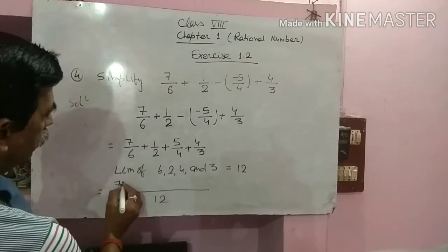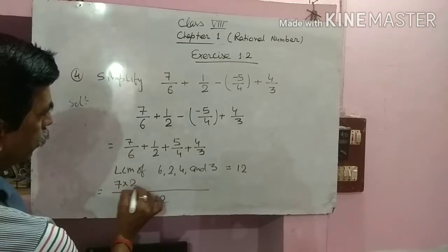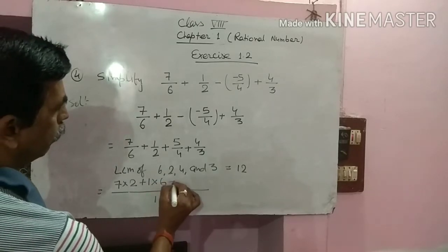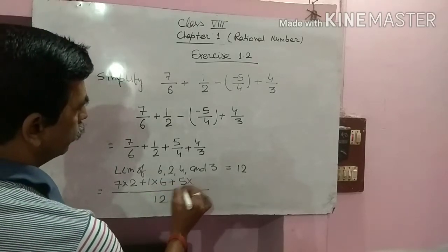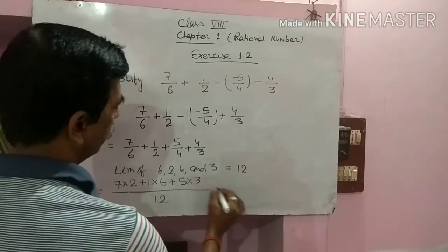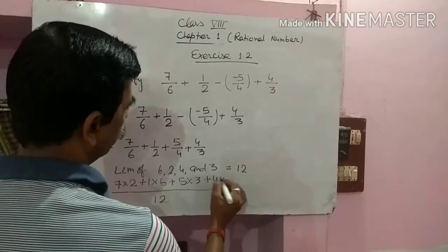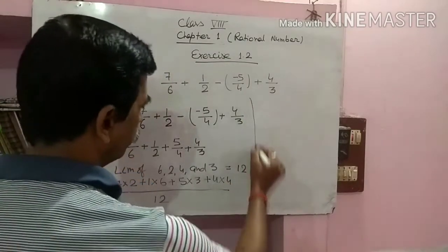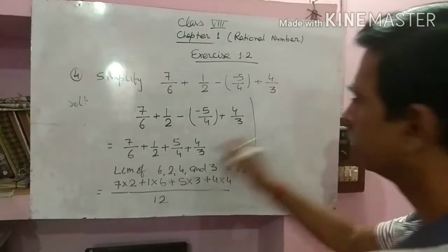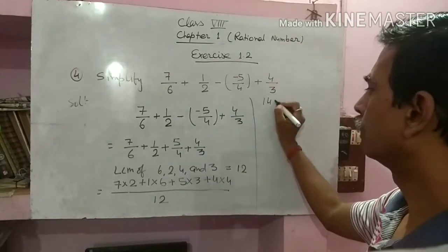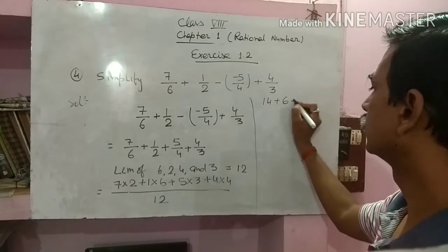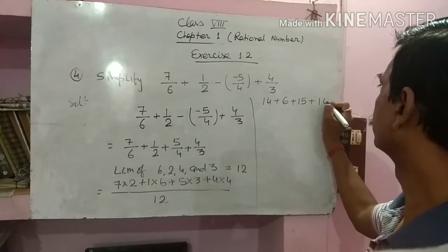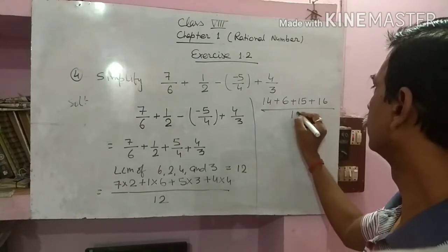Then 7 into 2 (6 2s are 12), plus 1 into 6 (2 6s are 12), plus 5 into 3 (4 3s are 12), plus 4 into 4 (3 4s are 12). Then look here, what you'll get: 14, 6, 15 plus 16 by 12.